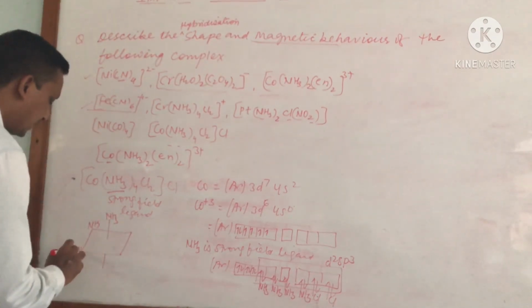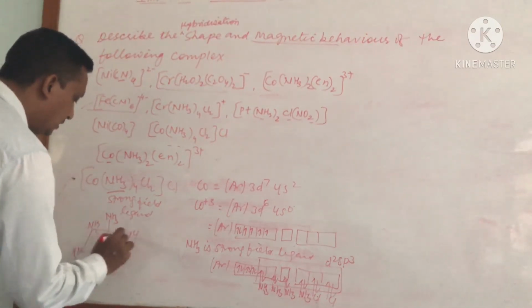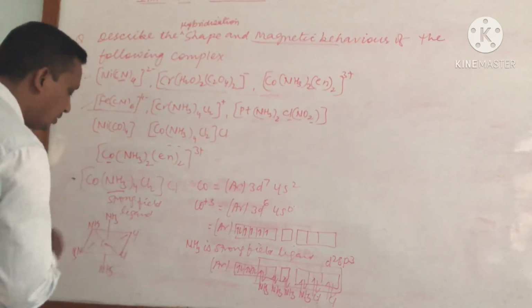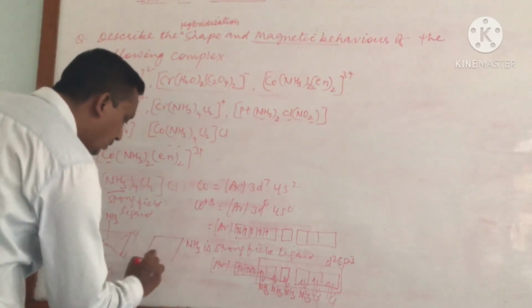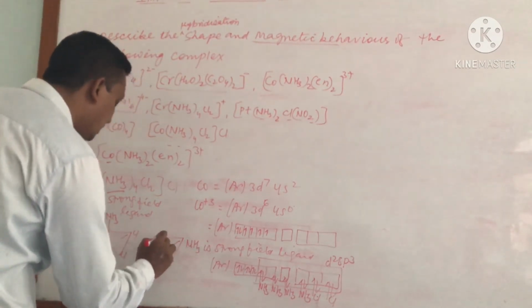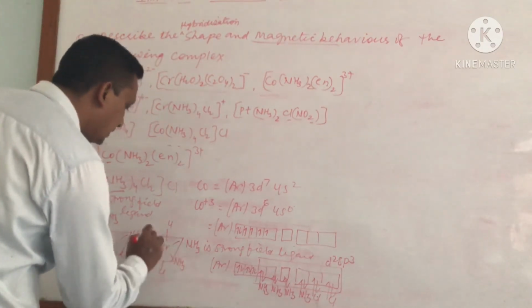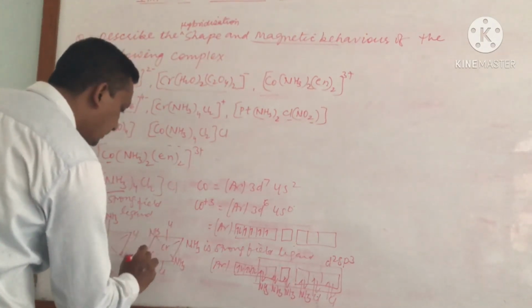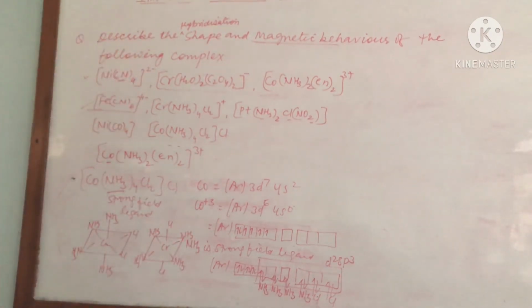For d2sp3 we have octahedral geometry, so we get octahedral geometry of this molecule, and the 4 NH3 ligands would be attached like this, Cl and Cl. So this would be the cis form of this complex, and the trans form can also be drawn like this. In the trans form Cl and Cl would be opposite, and NH3 and NH3 would be attached.